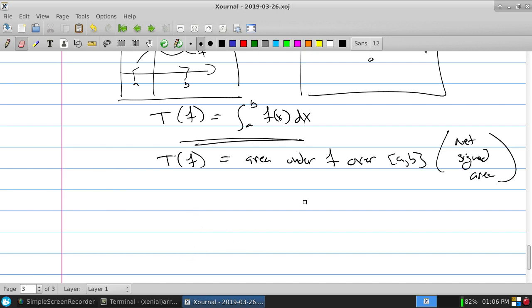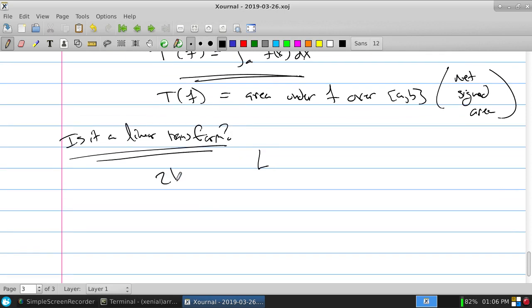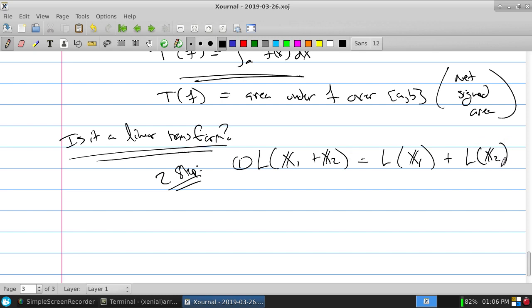All right, so if that thing is happening, is it a linear transform? So what do I want to check? Let's say we do our two-step version. 1, is it true that if I take vector 1 plus vector 2 and transform it, that's the same thing as vector 1 transformed plus vector 2 transformed?